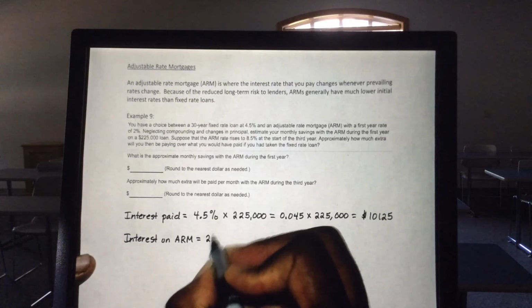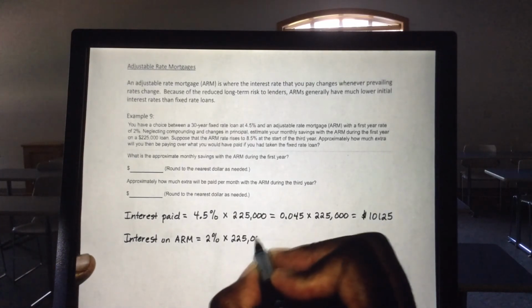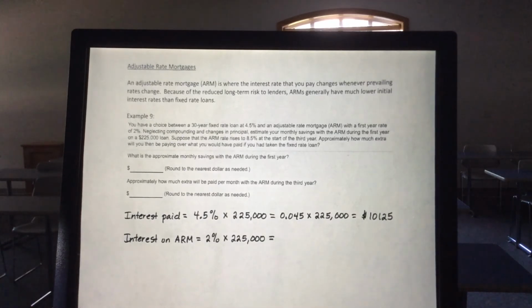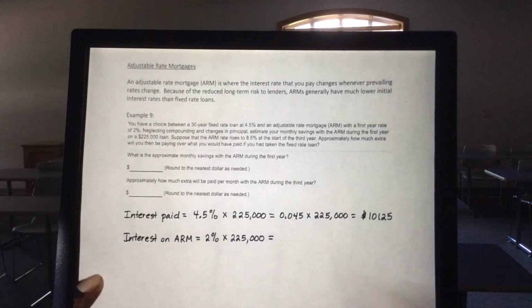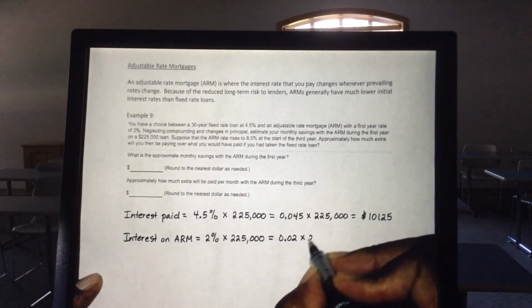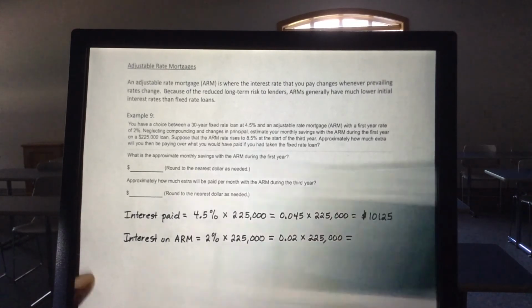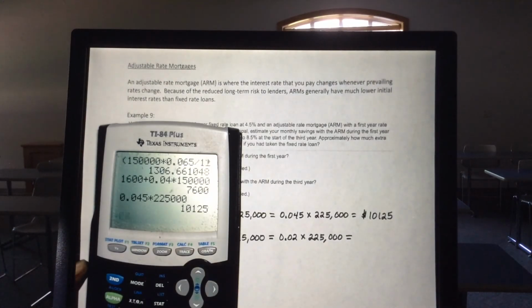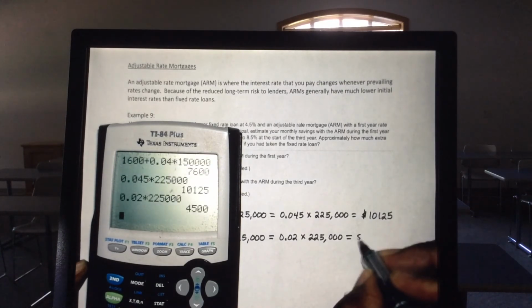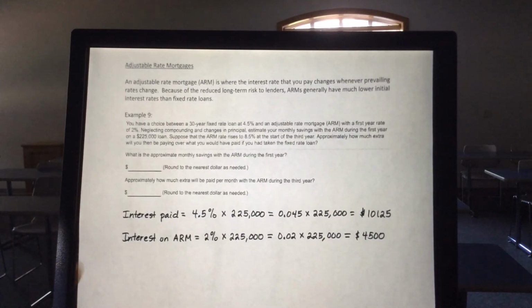So we need to find out what 2% of $225,000 is, which, with 2% as a decimal being 0.02, is 0.02 times $225,000. This will end up being $4,500. That would be the interest on the adjustable rate mortgage.